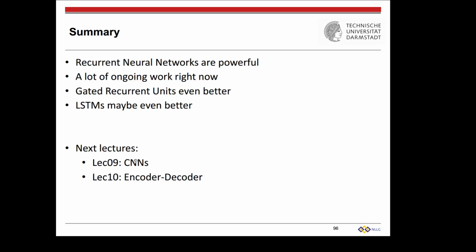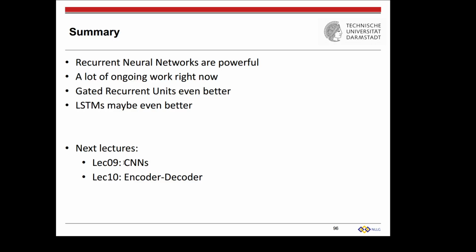In the next lectures, we're going to see convolutional neural networks, which are not so much for sequence tagging, like RNNs. RNNs address sequence tagging, also known as sequence labeling, where at each time step you label something, and this is very important for NLP problems because we have many such problems with sequential data, a sequence of speech or a sequence of text, where we want to label each element.